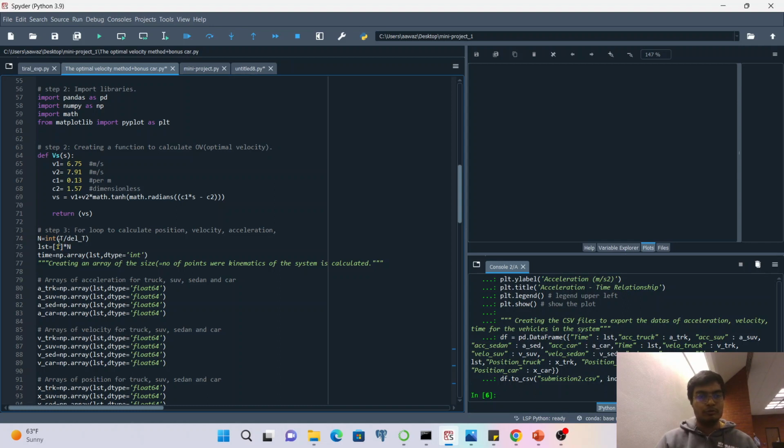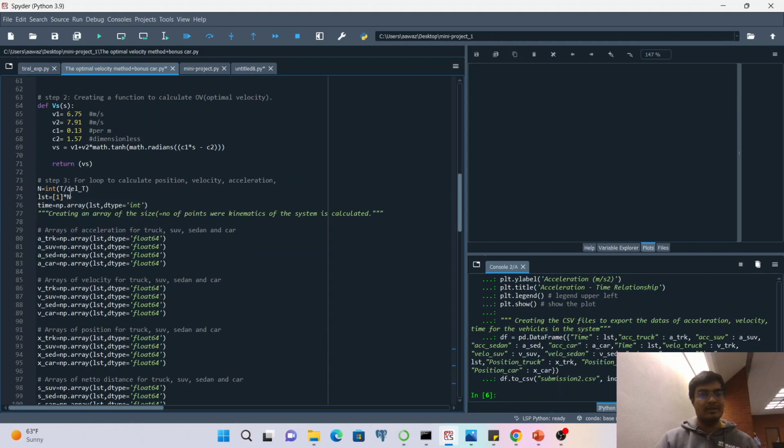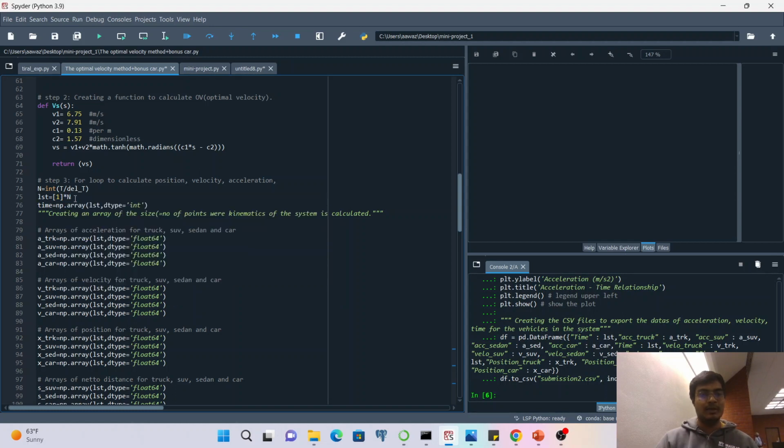So let's move to step 3. We will use a for loop to calculate position, velocity and acceleration. First we will define an integer, that's T by del T. It's showing a limit.